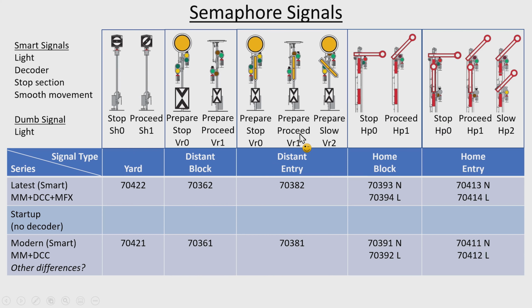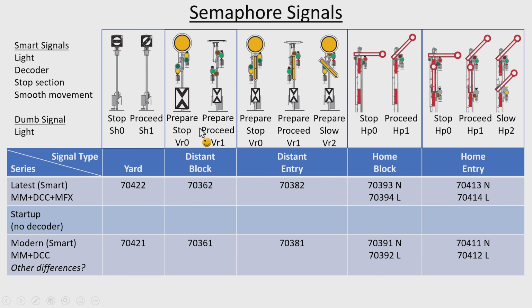Now the semaphore signals for distant signals come in two editions here. The light signal, remember, only came in one because it was really just a question of which light is turned on. For the semaphore signals, there's two variants. There's this one here, furthest to the left of them, that's the distant block. That one can only show two signal aspects, which is prepare to stop and prepare to proceed.